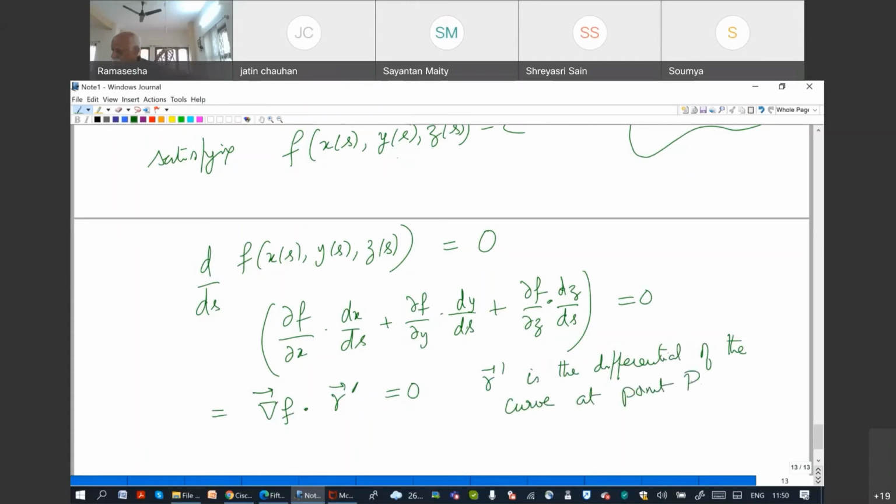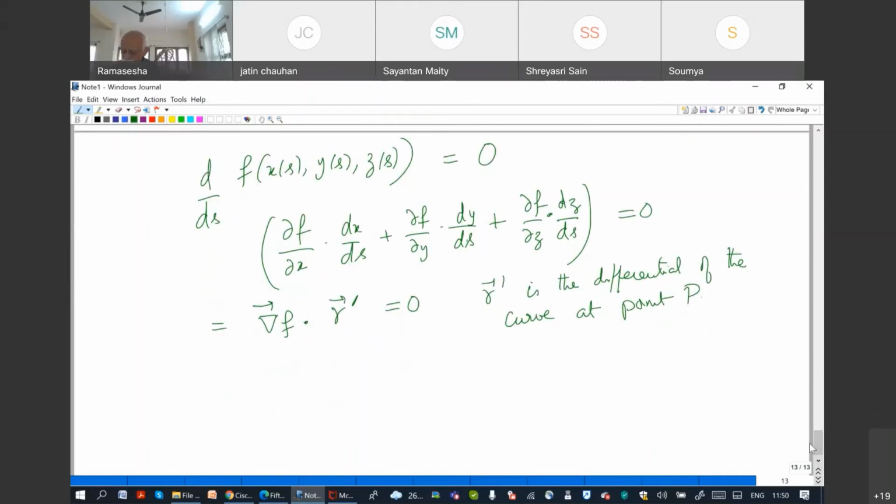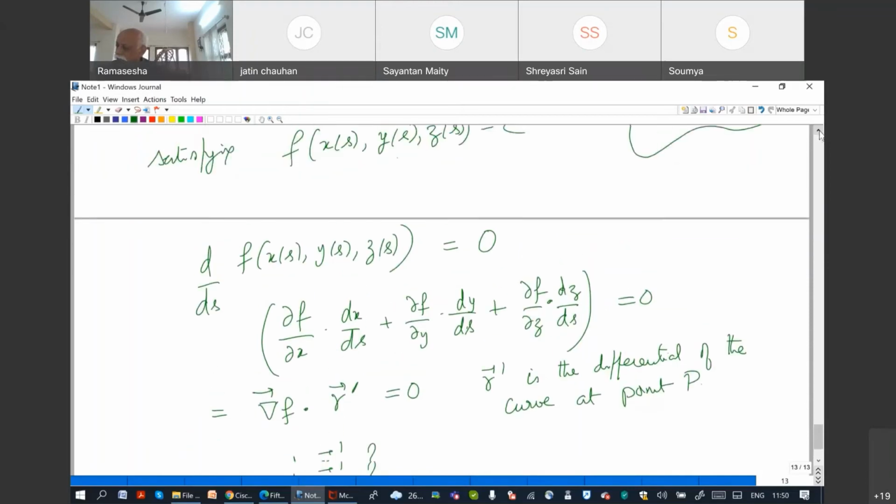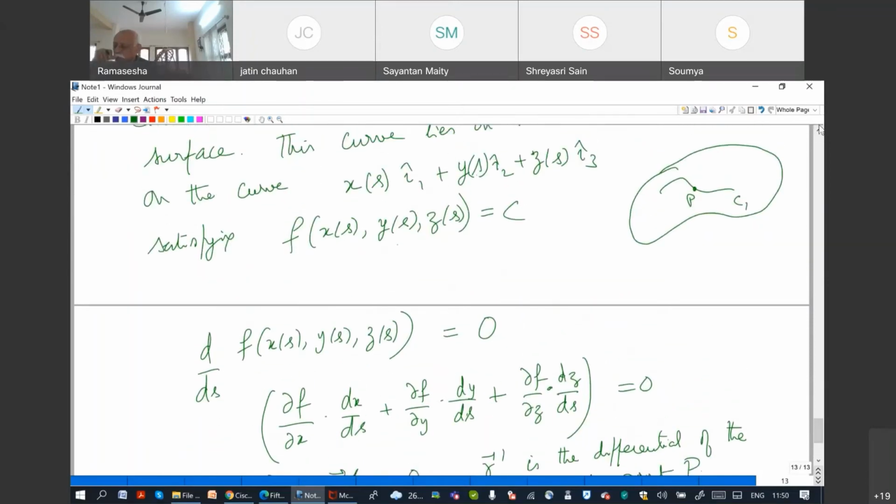What is the direction of r prime? Tangent. Which is correct, tangent or perpendicular? Tangent is correct.